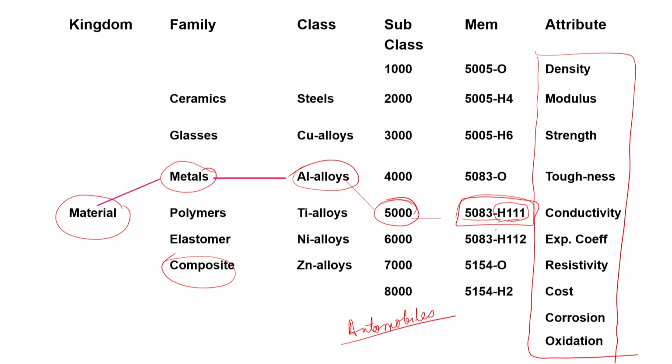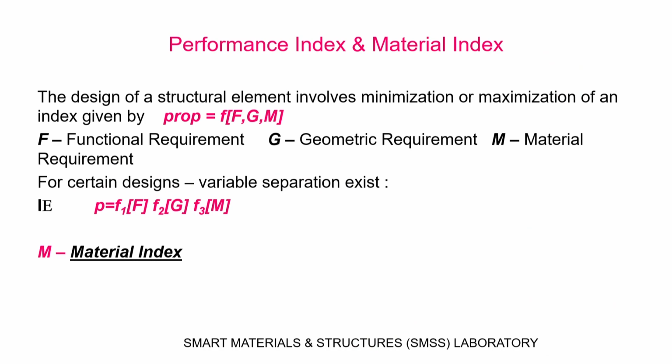Now, let us see what is the process by which we can do this entire thing in a very rational manner. Well, the first important thing is that whenever we design any structural element for a product, it will involve minimization or maximization of an index, and this index property is a function of three things: f is the functional requirement, g is the geometric requirement, and m is the material requirement.